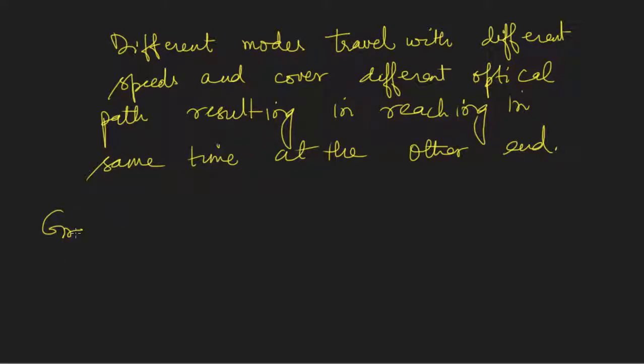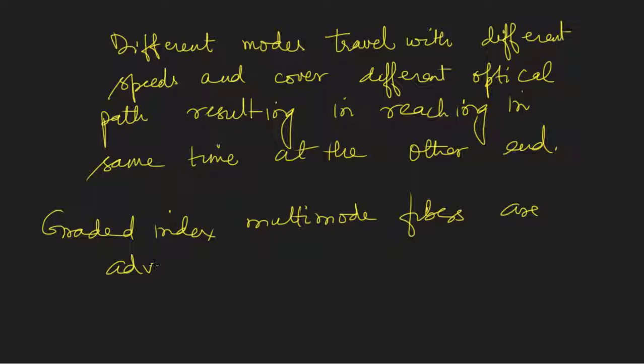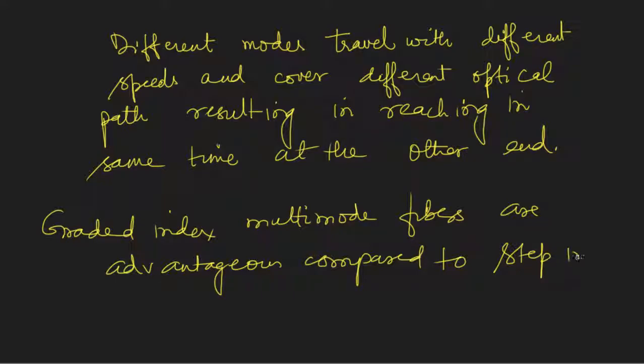So graded index multimode fibers are advantageous compared to step index multimode fiber, where the different modes travel with same speed but they have different optical paths, so they will reach the other end in different times.